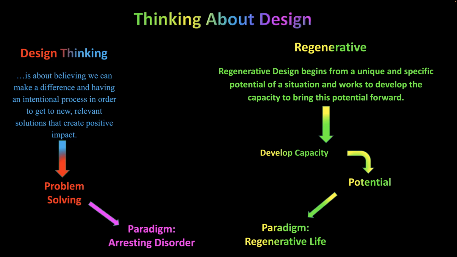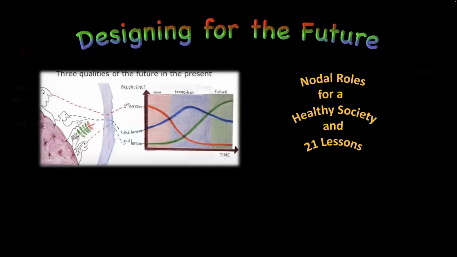So I just wanted to create this visual so that within your teams, you can begin to explore where you are in relationship individually and then collectively as you focus on the project that I have in front of you. To do this, designing for the future, I want you to begin to think about the work of Bill Sharp and this idea of the 3 horizons, and how they relate to those nodal roles for a healthy society.